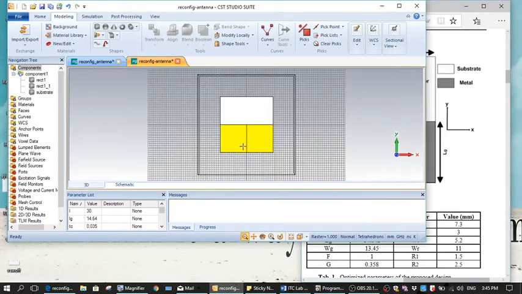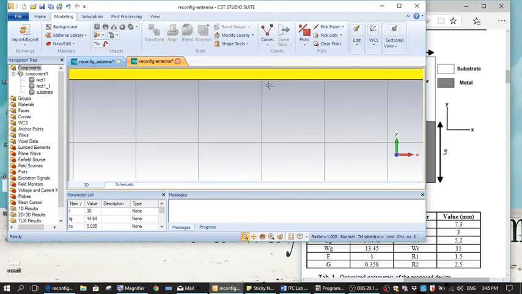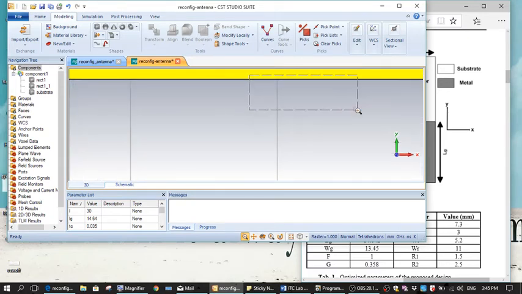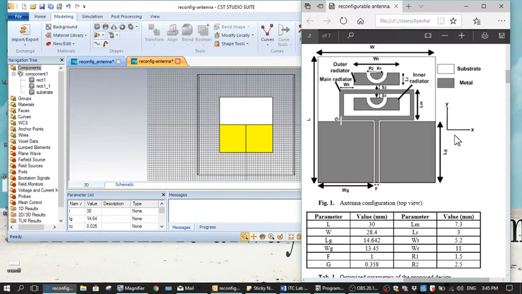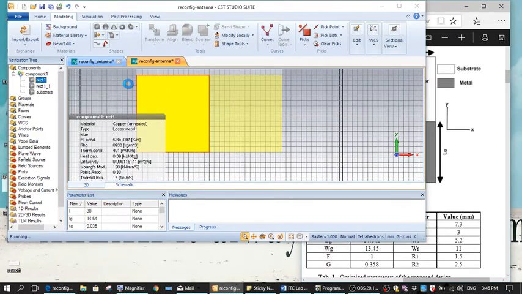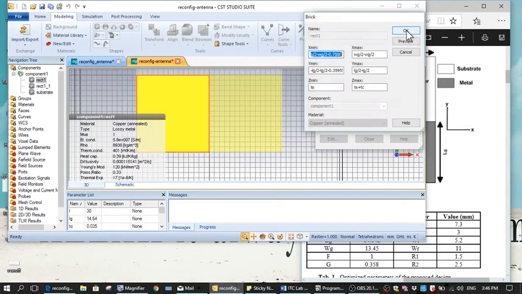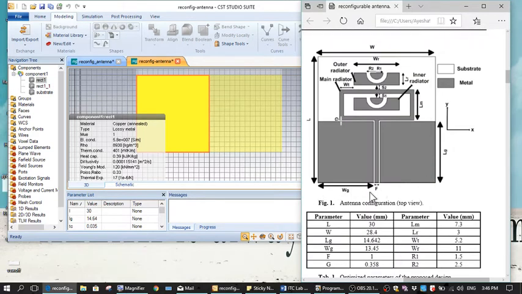And let's check its bottom. It's in the boundary. But what we want here is that the dimension seems to be wrong. Let's check out the dimensions of rectangle 1. So we need to short it along the WG.